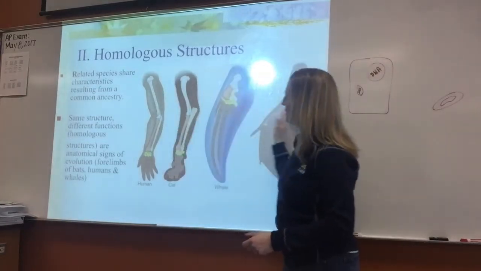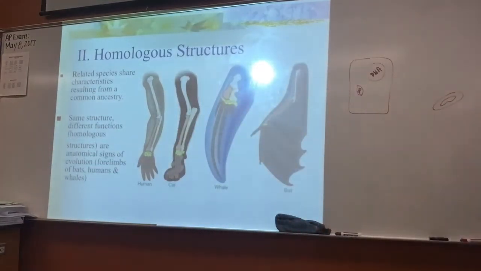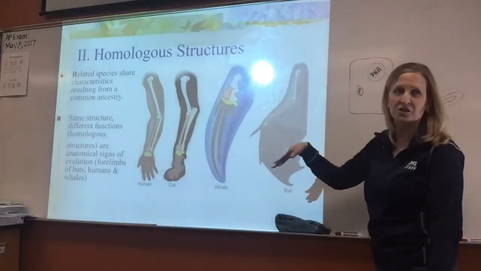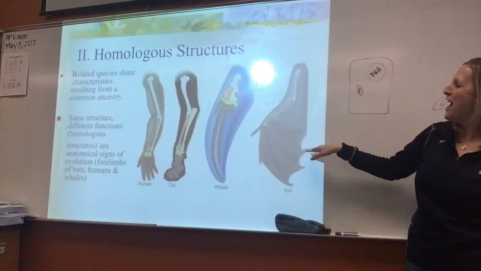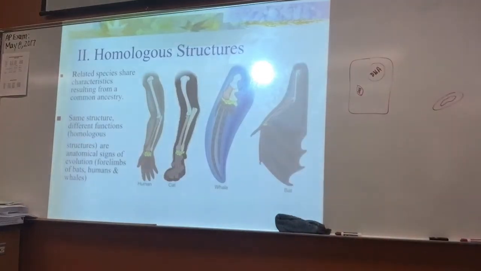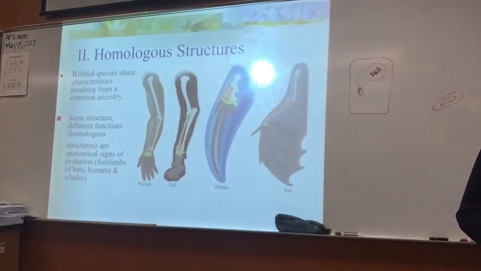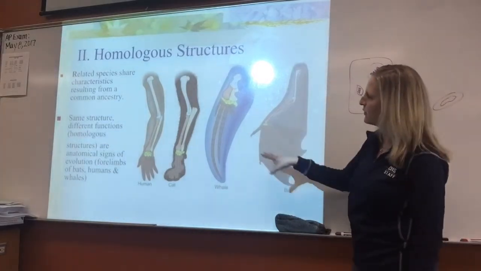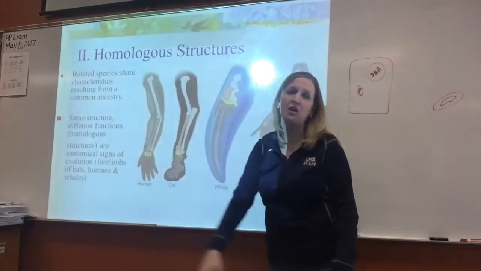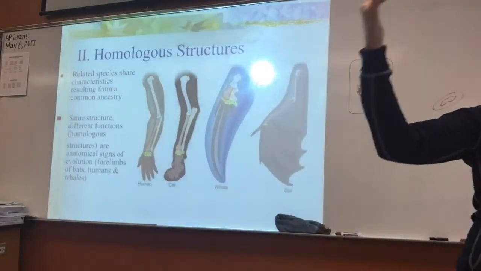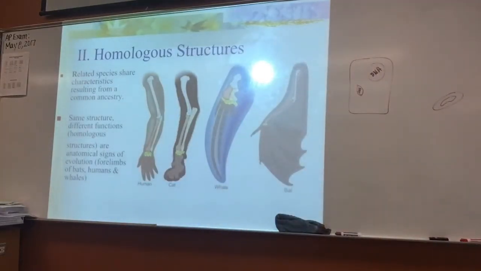They're all put together the same, but have some slight differences in the digits. For instance, on the bat, they're much longer and spread apart because there will be skin in between them for gliding. So they have different functions, and therefore slightly different variation, but all have the same structure. And remember, our structures are determined by your DNA, so it shows similarities.